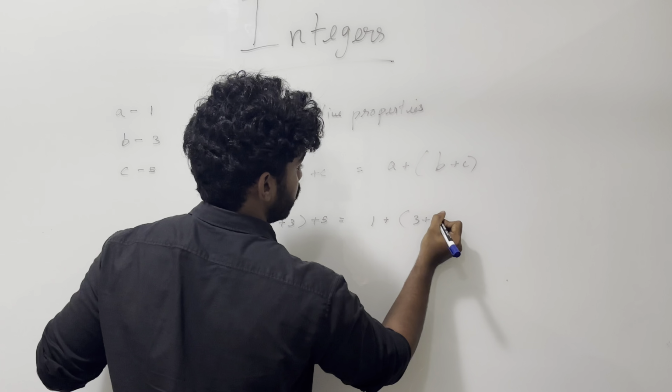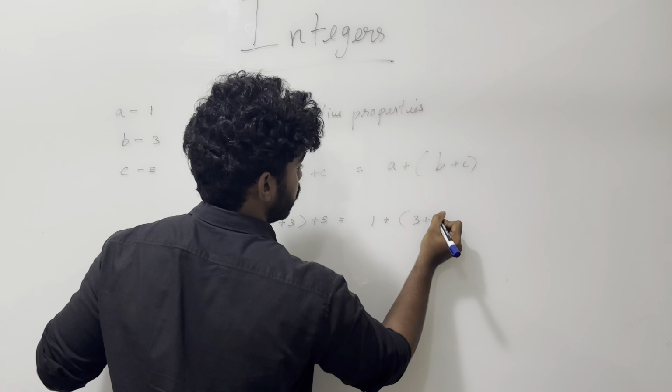Now, division of two integers. Division is not closed unlike multiplication, addition, and subtraction, because when you divide two numbers, let us say A is equal to 12 and B is equal to 4. When you divide A by B, you get 12 by 4, which is 3, so the answer is 3.